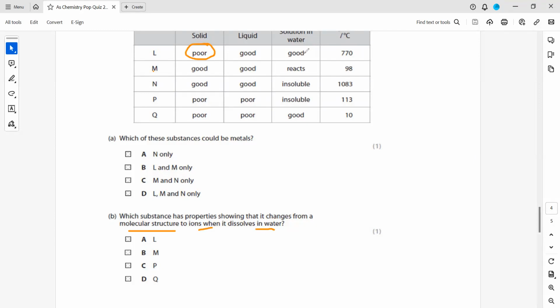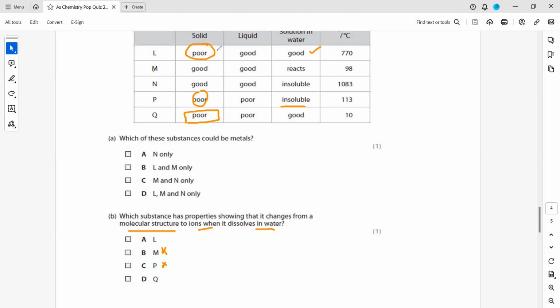Solubility in water is good. And these two are not there. M cannot be, because M is already a good conductor. If it has a molecular structure, initially it should be poor. So when we check option P, P does not dissolve, so P cannot be. So either L can be there or Q can be there.